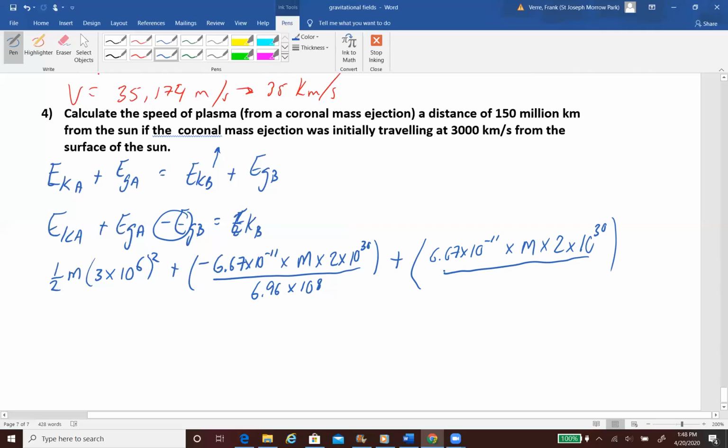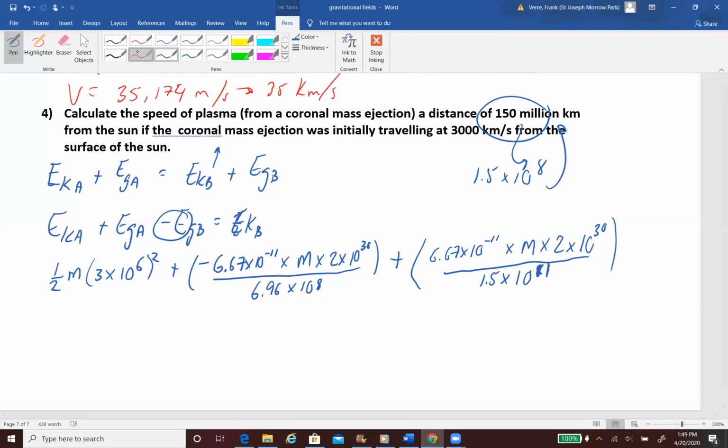Now RB is when it's 150 million kilometers from the sun. So 150 million kilometers would be 1.5 times 10 to the, wait, hold on, 10 to the 11. Is that right? 1.5 times 10 to the 8. Yep, 1.5 times 10 to the 11 meters. Okay.